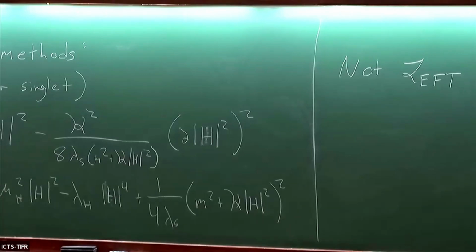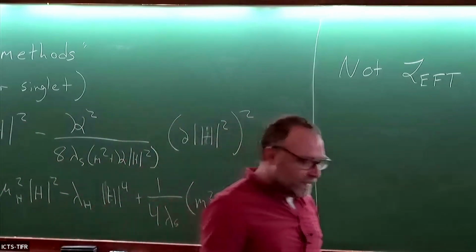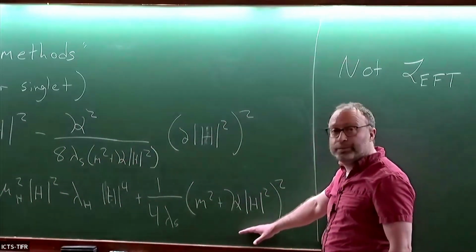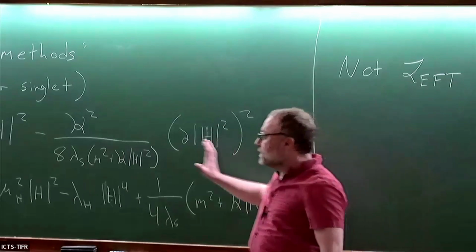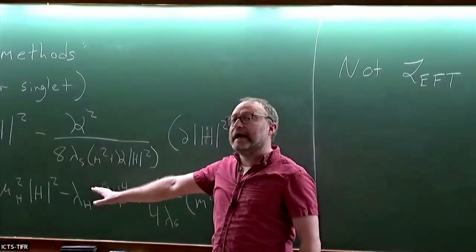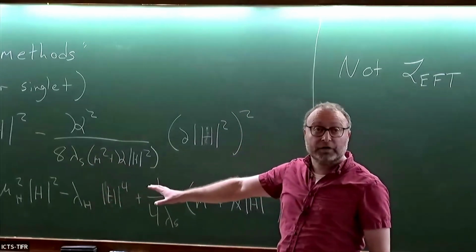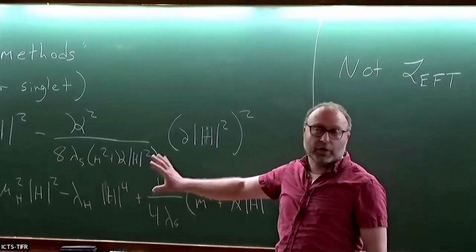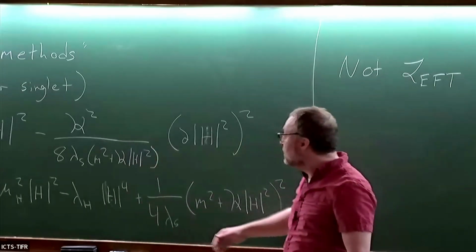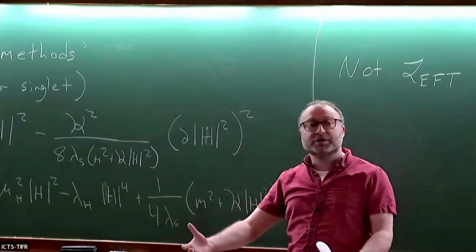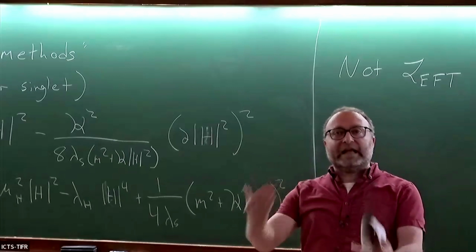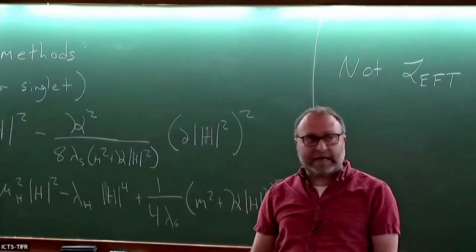And one thing that I just want to highlight here is that at tree level, this actually contains the entire dynamics of the UV theory if all you're looking at is, say, the scattering of H particles, little h and n, or pi, the Goldstones and the physical Higgs, because you've used the equations of motion for the singlet, okay? So we've made this assumption, we've eliminated the singlet from the external state.